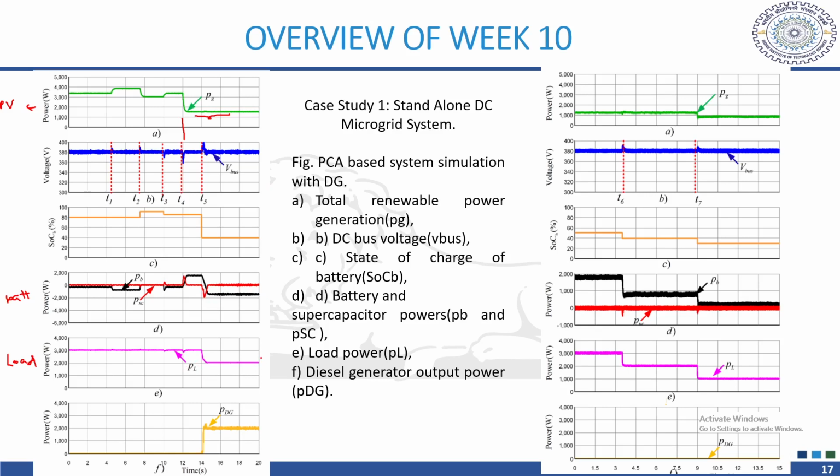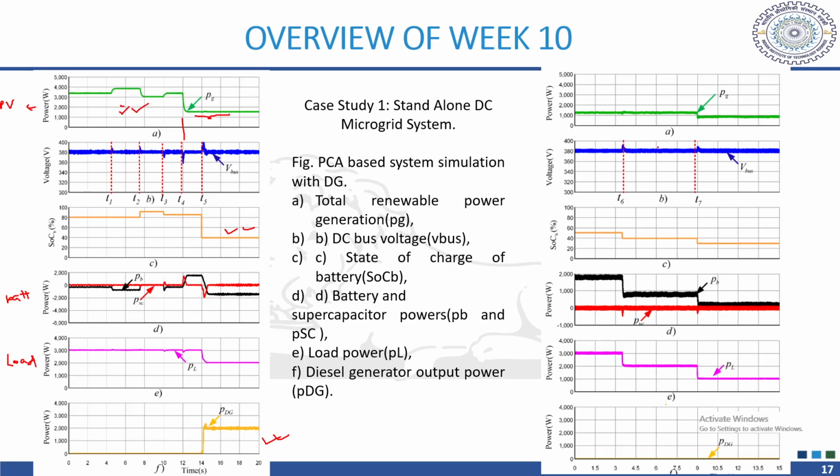Means we don't have excess generation, we have deficient generation. So who will provide this deficiency? For that we are activating the DG here. And the battery is also discharged here when there was not enough generation, and it was charging somewhat whenever the renewable was at MPPT.